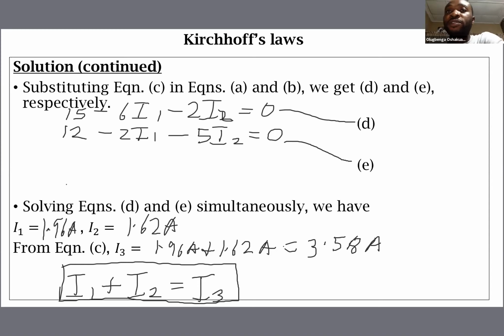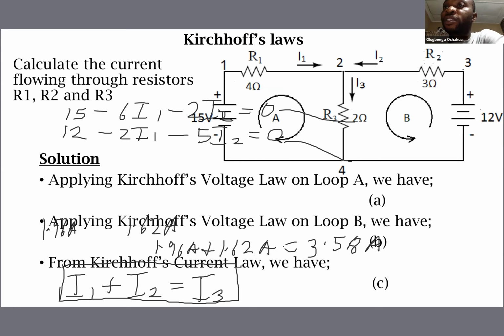So what this means is that from our original circuit, the current that is flowing in this direction, I1, is 1.96.